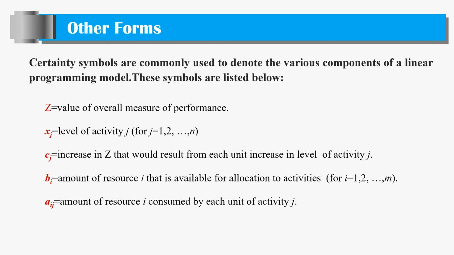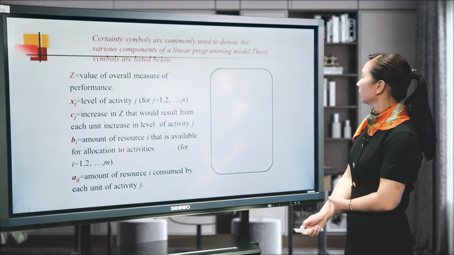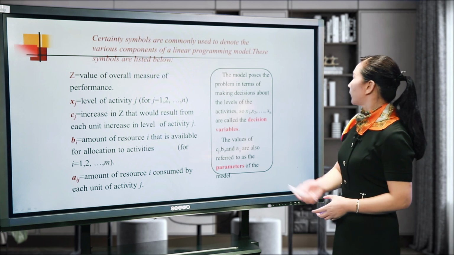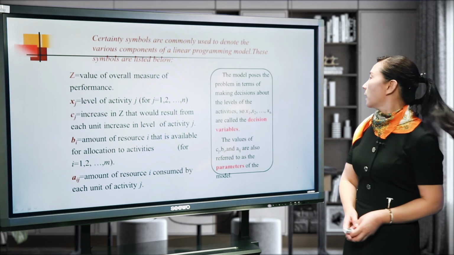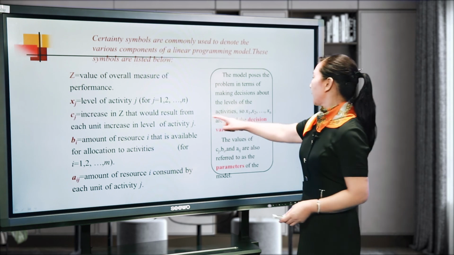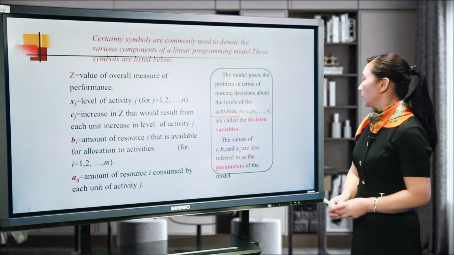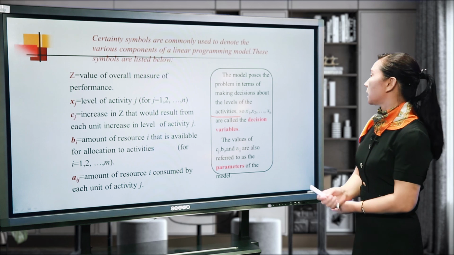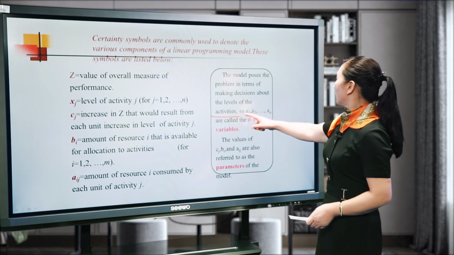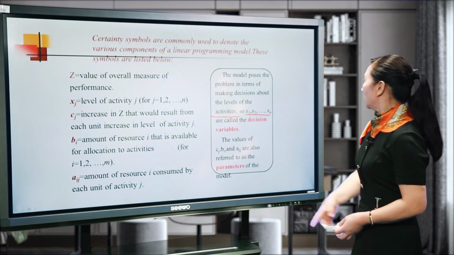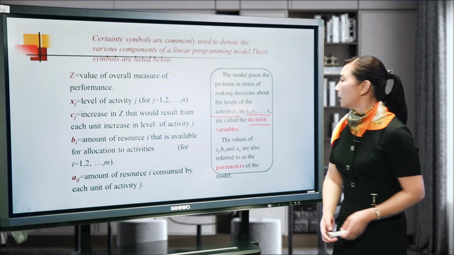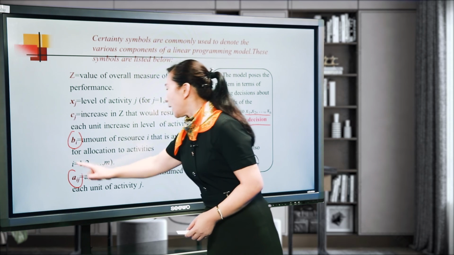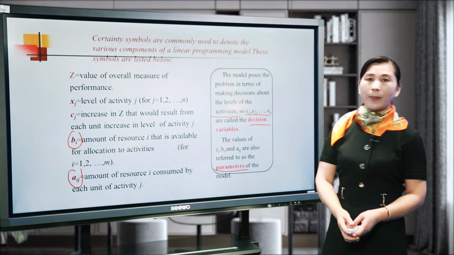This is the terminology in the model. And the model poses the problem in terms of making decisions about levels of activities. Activities may be producing products, maybe transporting products, and so on. So we denote them by x1, x2, and xn. These are called decision variables. And Cj, Bi, and Aij are called parameters.